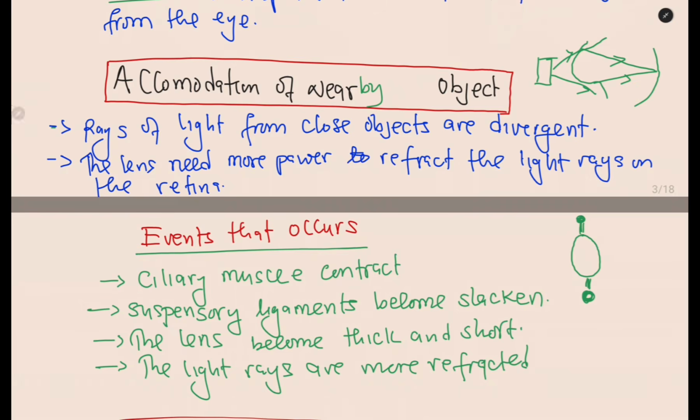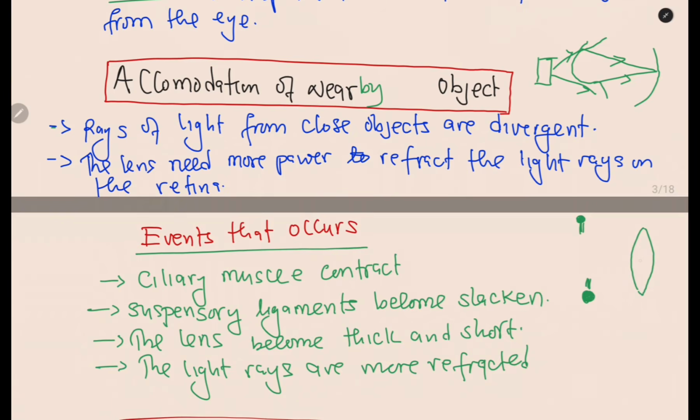So what happens when you have a nearby object? Like I said, you need more power to refract the light. So the ciliary muscle contracts. When the ciliary muscle contracts, the suspensory ligament becomes slackened. This lens can be straightened or made thick.